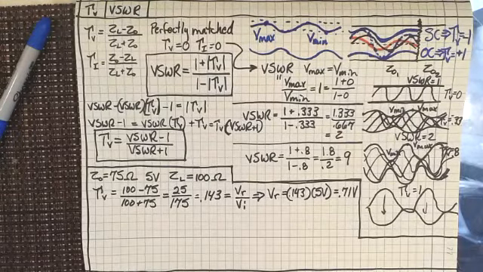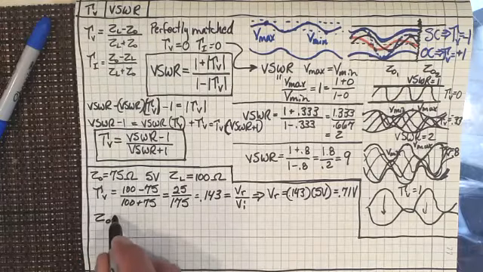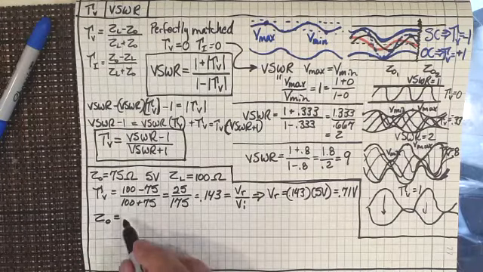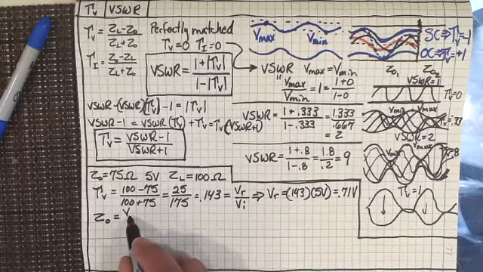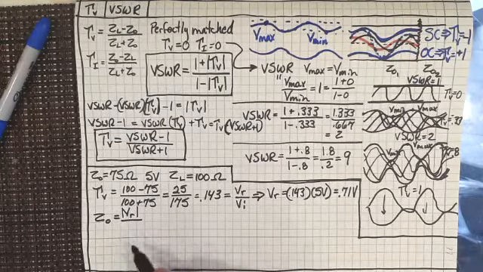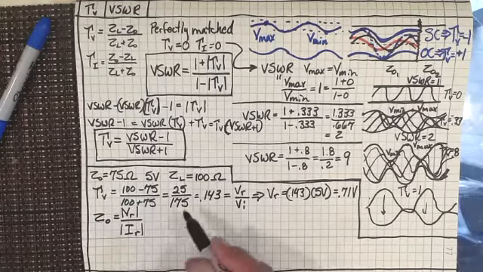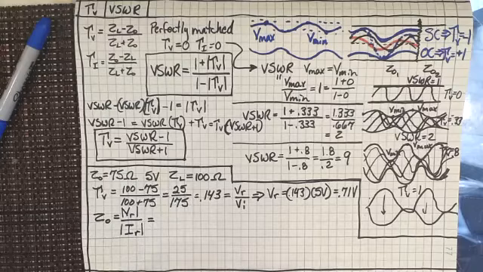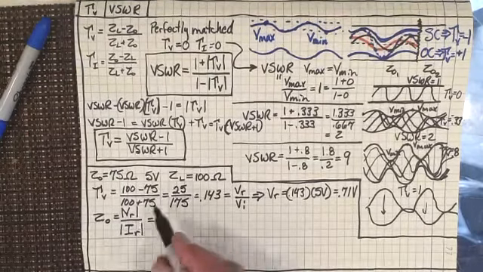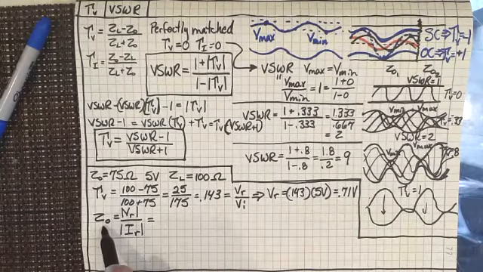Now, I can also say that my characteristic impedance, right, because it's traveling down that line, if I know the absolute value of my reflected voltage, I can find out the absolute value of my reflected current, can't I? Right? So I know that my reflected voltage is 0.71. I know that my characteristic impedance is 75 ohms.